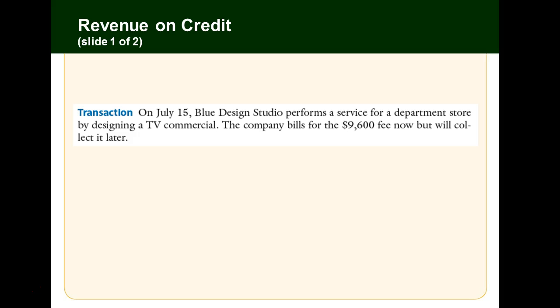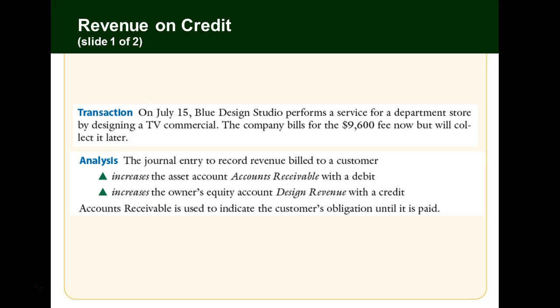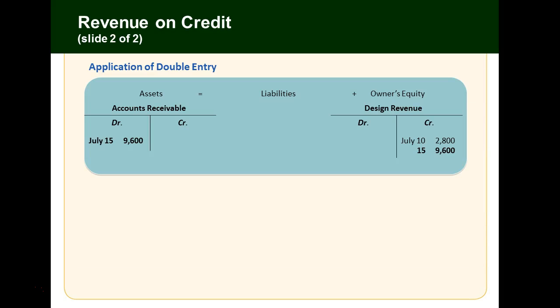What are we going to increase? Accounts receivable for $9,600. What are we going to credit? Design revenue or commercial revenue for $9,600. So as you see here, our asset goes up $9,600, and our design revenue also goes up $9,600. But when revenue increases, we credit it. When assets increase, we debit it.